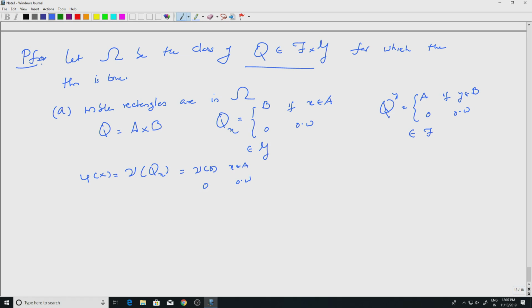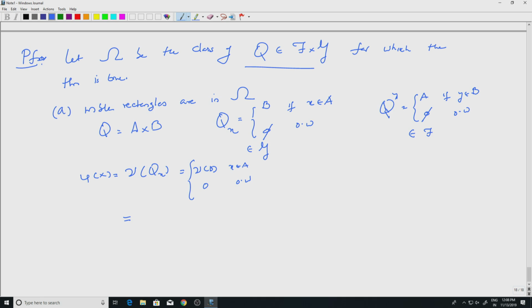I'm making some silly mistakes. Q sub x is the empty set, and Q super y is also the empty set if it is not there, so the measure of that is 0. So this is the result you get. Let us write this in a neater form. When x is in A, I have a constant, otherwise it is 0.